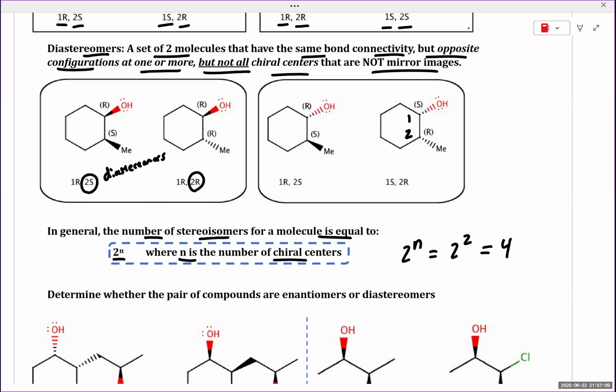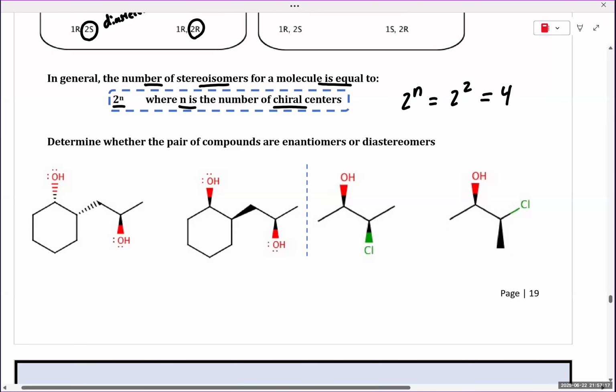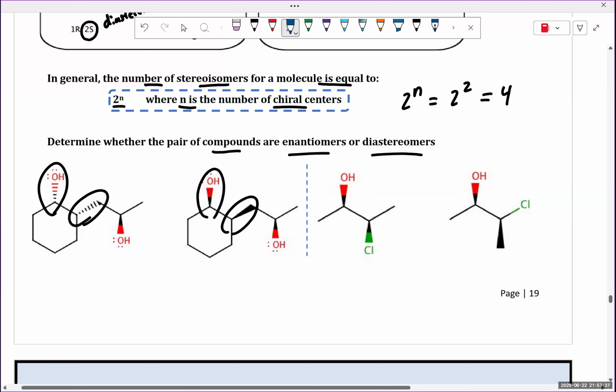For now, let's apply what we've learned, and I'd like you to determine whether the pair of compounds are enantiomers or diastereomers. So take a few moments, work through these examples, and then we'll discuss. First and foremost, looking in this case, we see that we have the opposite configuration at 2 of our stereocenters and the same configuration at 1.